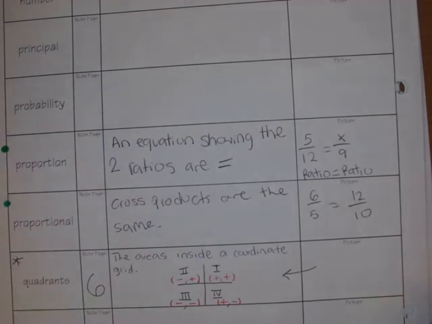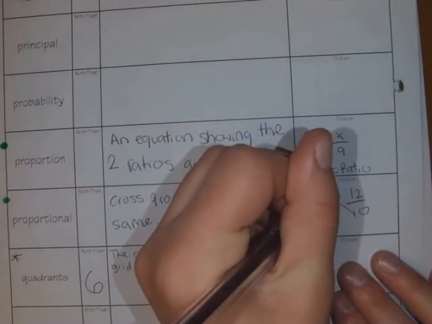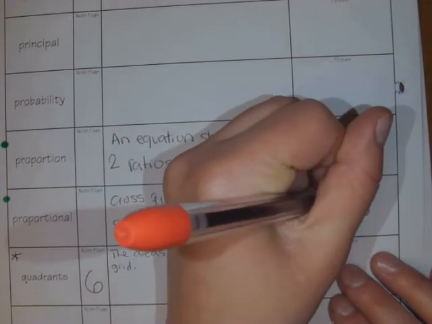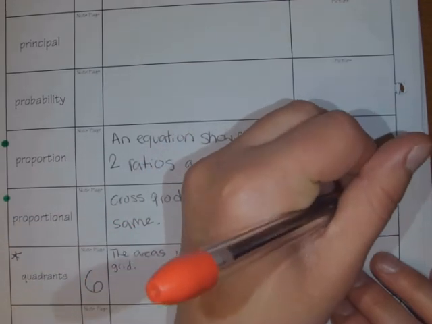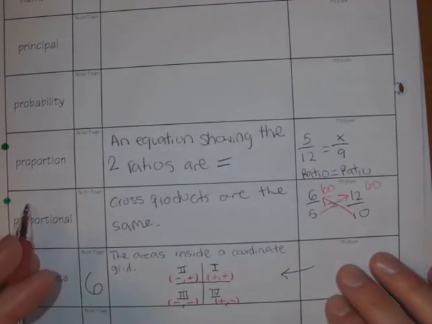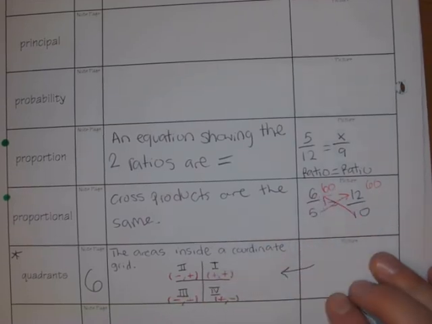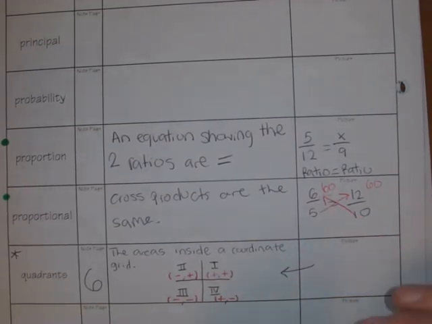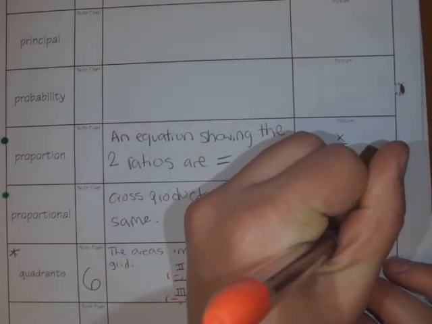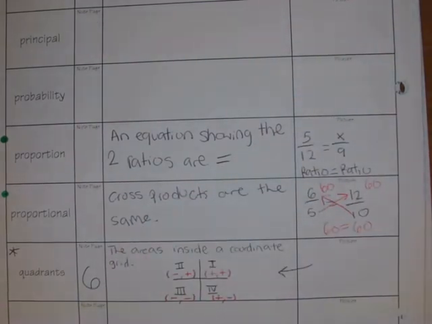And then we did our little cross products and got 60. 5 times 12 is 60. Proportional means that they are the same. 60 is equal to 60. And so those would be proportional.